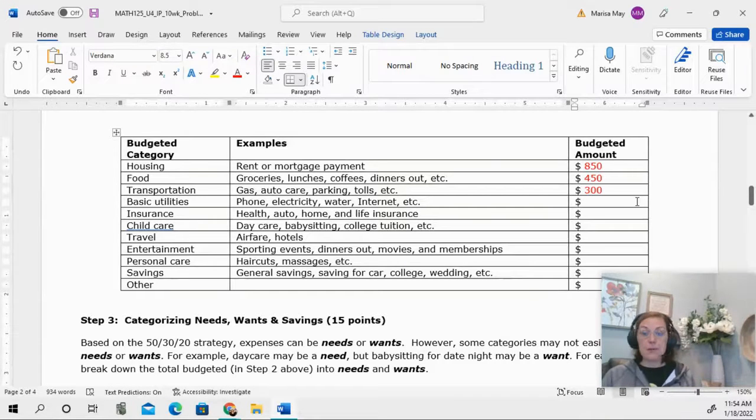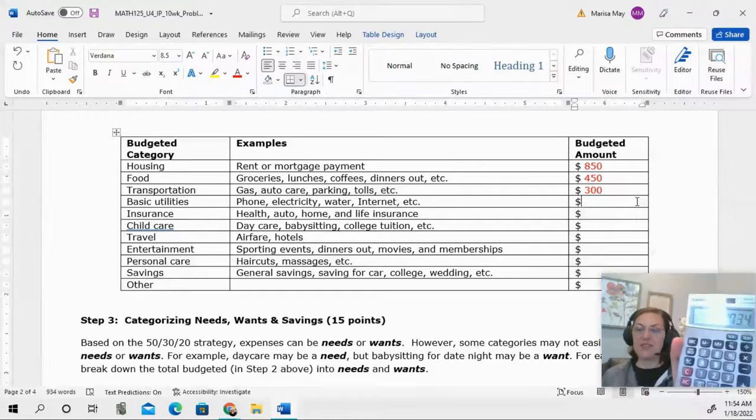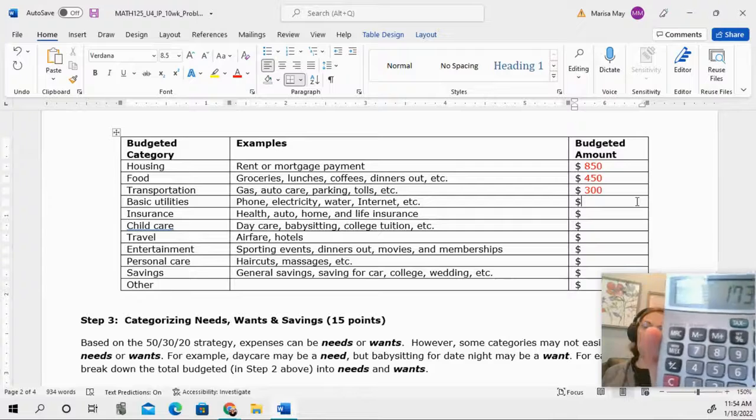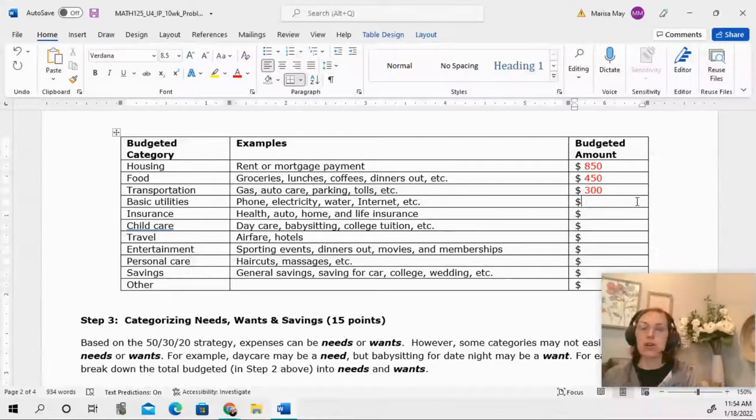Now, remember, friends, this all has to add up to my monthly take home pay. So let's just see where we're at. Okay, it looks like I've got $1,734 left over. So you can divide these up based on, do you have childcare?